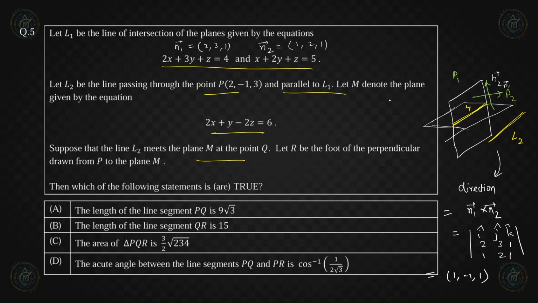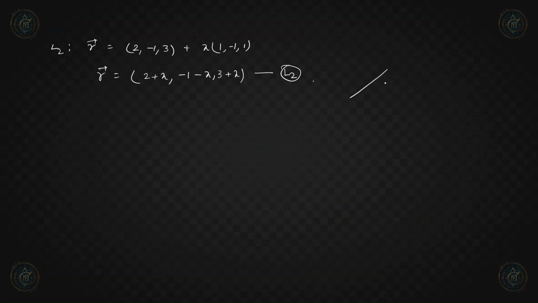Now let's see. Let M denote the plane given by the equation 2x + y - 2z = 6. Suppose that the line L2 meets the plane M at the point Q. So we have this plane M, and this line L2 meets this plane somewhere here. That means we have to determine this coordinate.